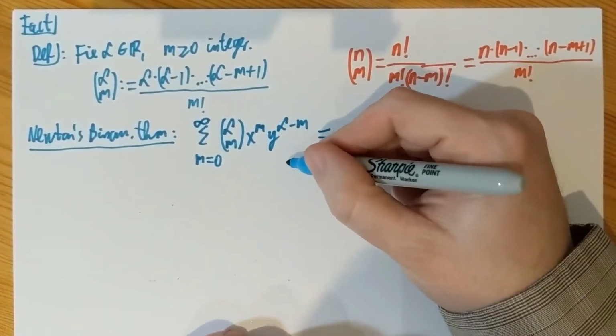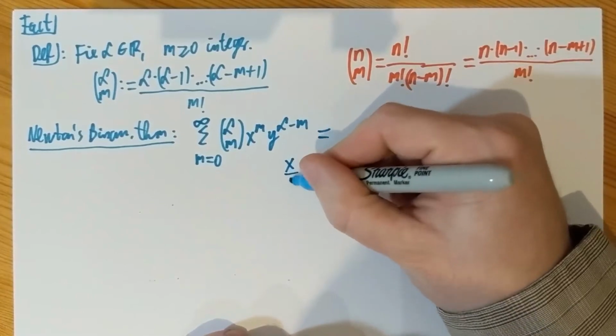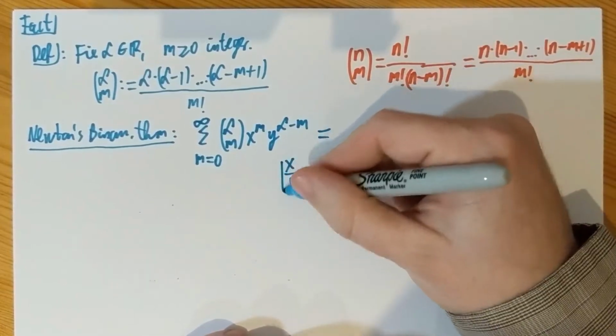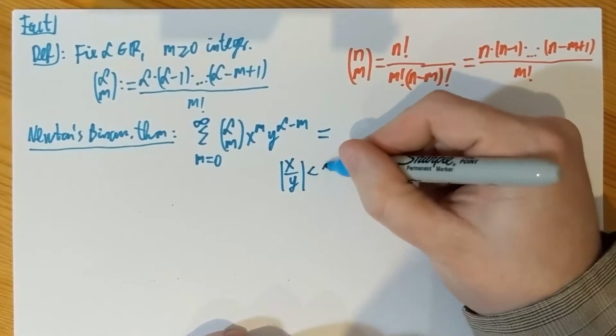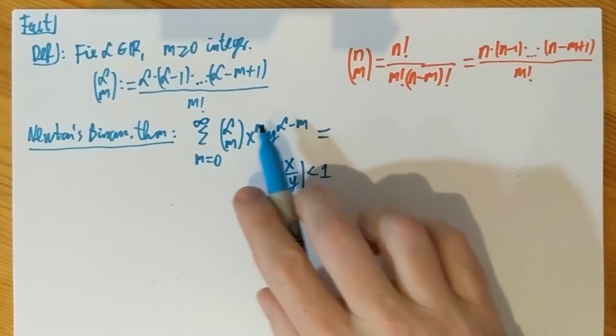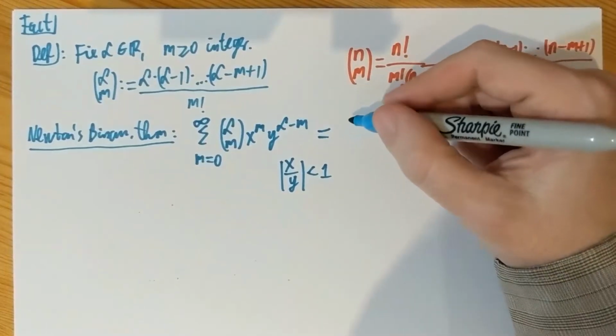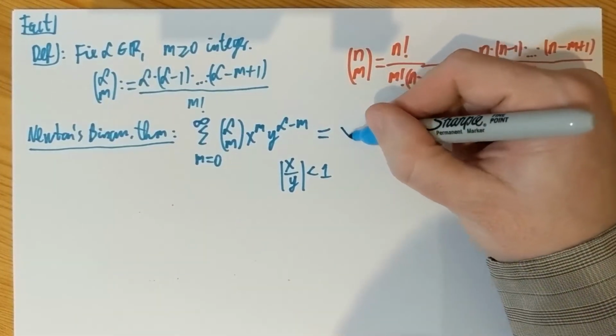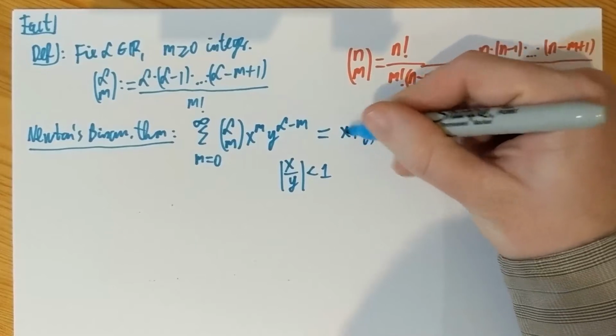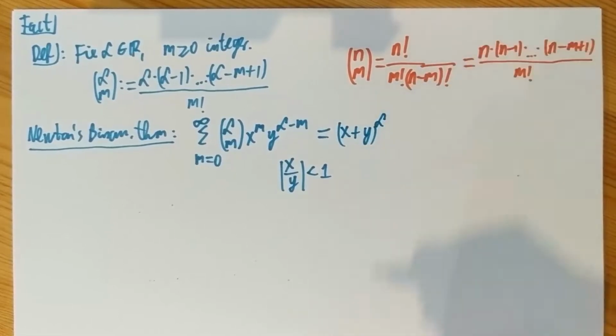Assume as well that x over y is in absolute value smaller than 1, so that this thing will converge. In that case, the infinite sum is x plus y to the alpha.